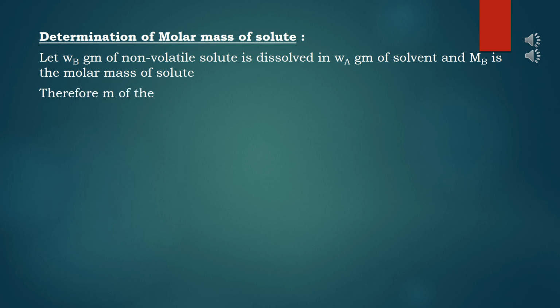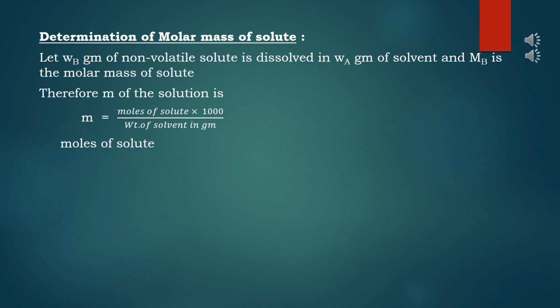Therefore, small m, that is molality of solution, is moles of solute divided by weight of solvent in grams multiplied by 1000. Moles of solute, nb, is equal to weight of solute divided by molecular weight. So the formula comes out to be small m is equal to Wb upon Mb into Wa, multiplied by 1000.